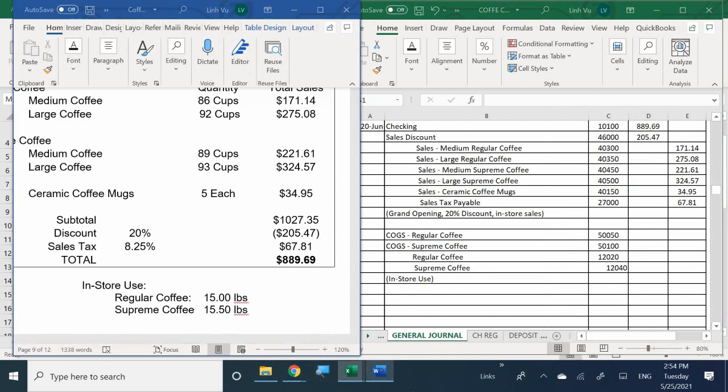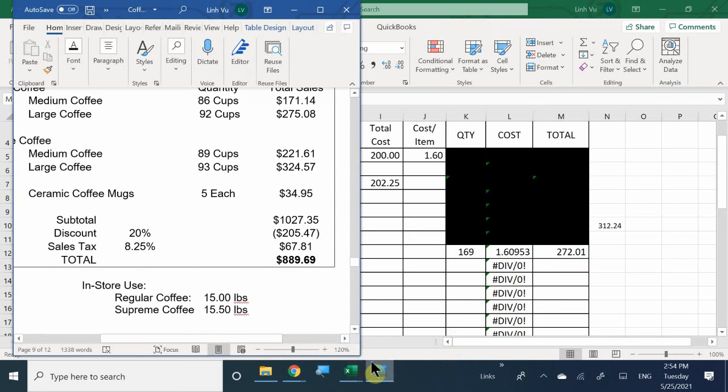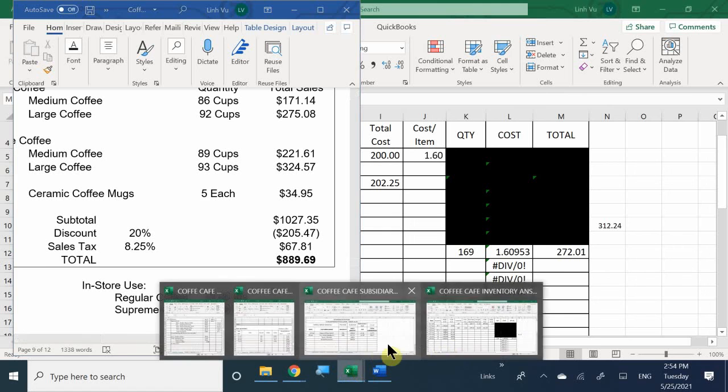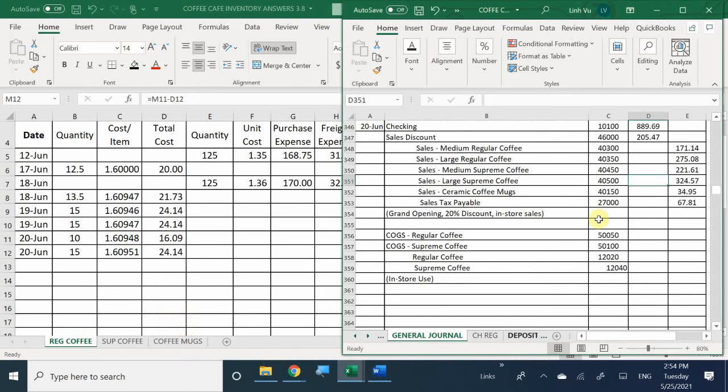Plug them into the general journal. Yes. I keep hitting the wrong ones for this one and this one. So how much was the cost of goods sold for regular coffee? 24.14.